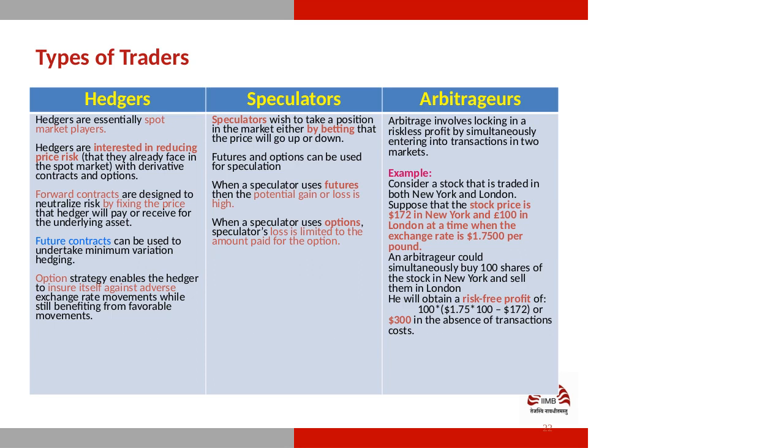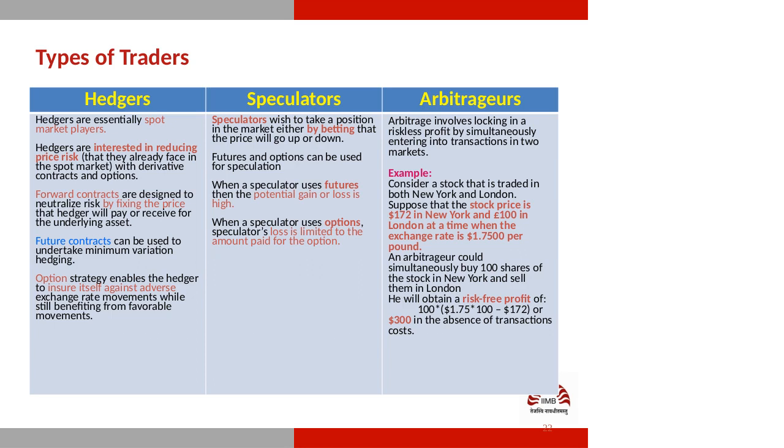If I look at the implied exchange rate coming from the stock price, it is 1.72. So you have an exchange rate of 1.72 on one side and on the other side the exchange rate is 1.75.